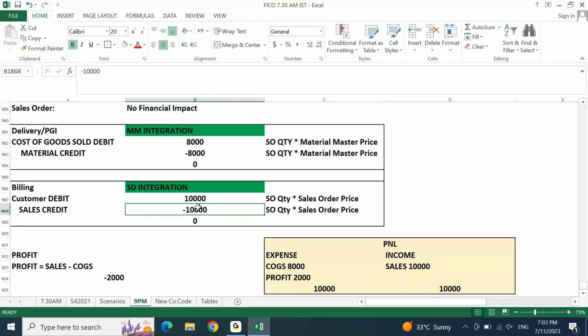There are certain products which will more or less cost the same. There are certain products whose price will keep on fluctuating. Correct, sir. Certain material prices will keep on fluctuating. It doesn't have a fixed price. For certain kinds of materials, you will be using moving average price. For materials where the price is more or less fixed, you will be using standard price.